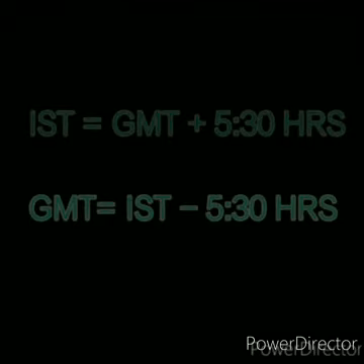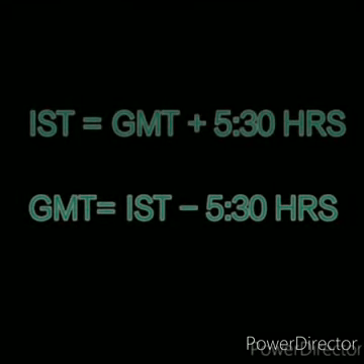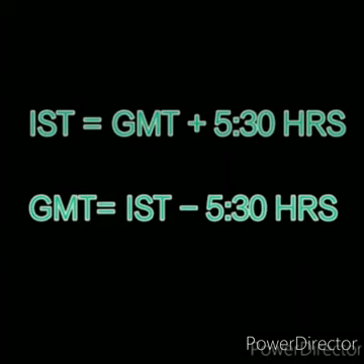The longitudinal difference between India and Greenwich is 82 degree and 30 minutes. The time difference of 15 degree longitude is 1 hour.